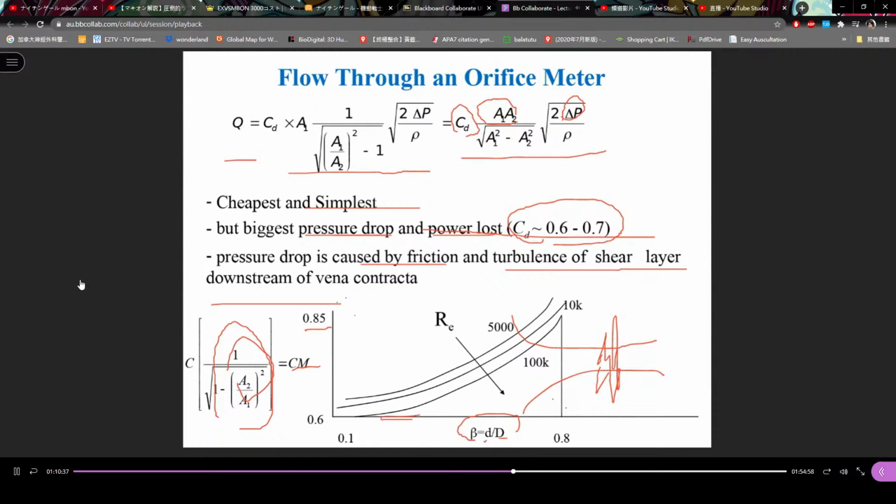For different Reynolds numbers, you can see the coefficient is very, very small here. So that's why this ratio should not be very big. If 0.8, then it's close to 0.9. So that's why we say not very accurate. Sometimes, if we simply want to estimate the flow rate, then we use this simpler and simpler measurement instrument. It's very easy.